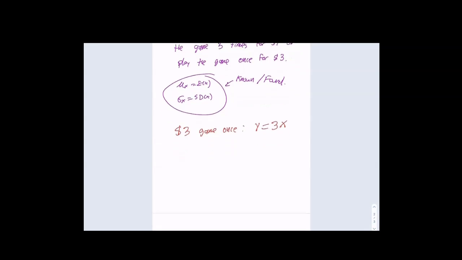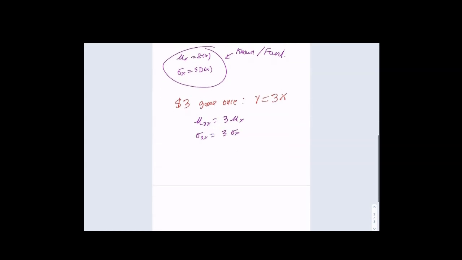I'm going to play the game one time, but I'm going to triple down my bets. Well, the mean of 3x would be just 3 times the mean of x. The standard deviation of 3x is equal to 3 times the standard deviation of x. So nothing really eye-popping in that scenario.